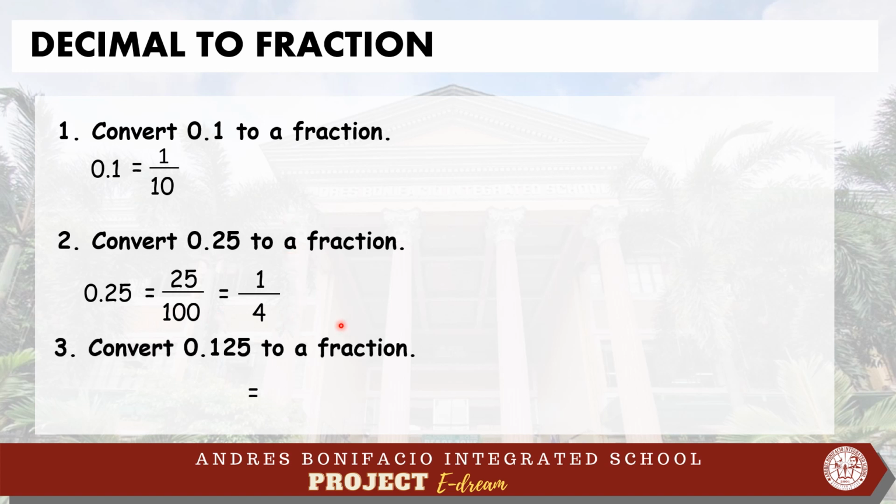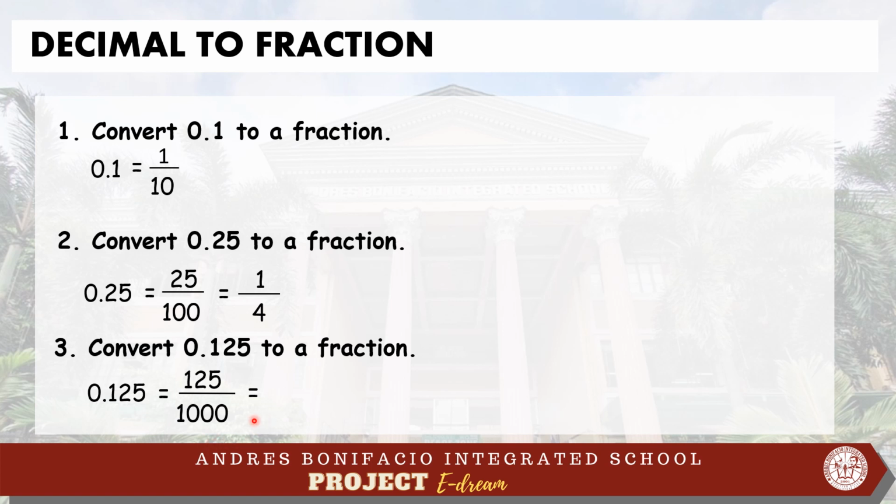So, example number 3, convert 0.125 to a fraction. So, we have 0.125. Again, copy the decimal number, which is 125. So, yan po yung ating magiging numerator. And then, how about the denominator? So, basahin po natin. So, ito yung ating tenths, hundredths, thousandths. So, therefore, yung ating denominator is 1,000. So, we have 125 over 1,000.